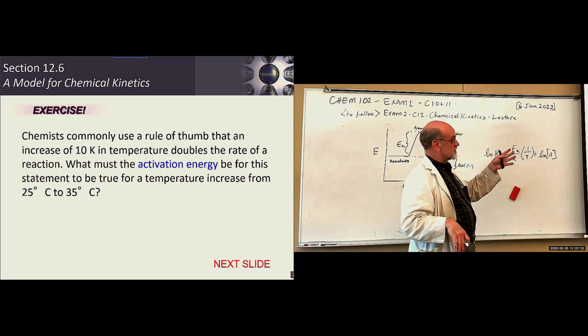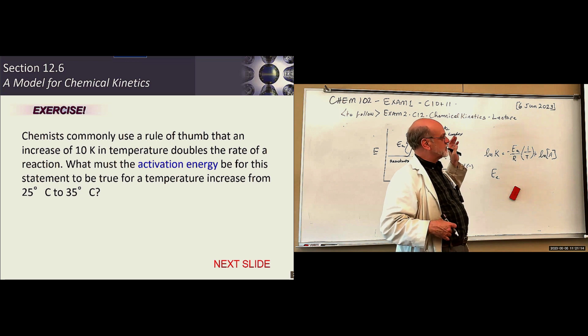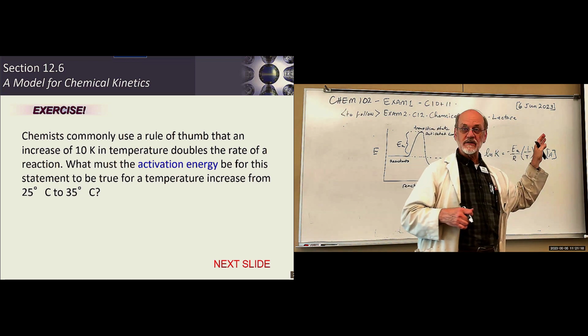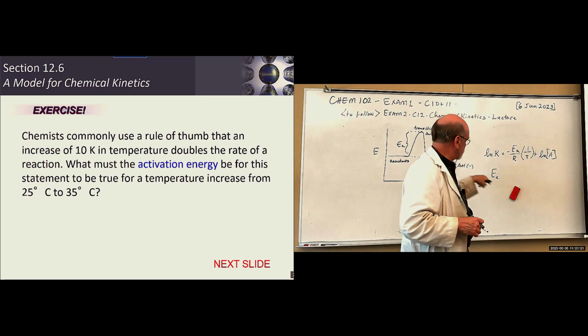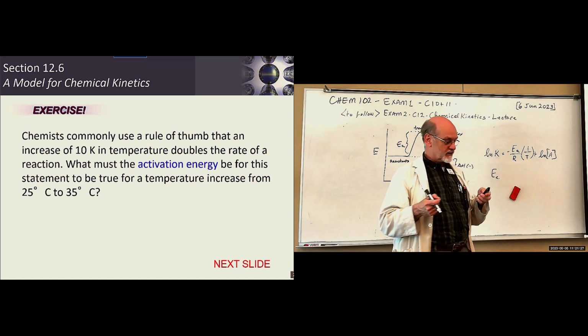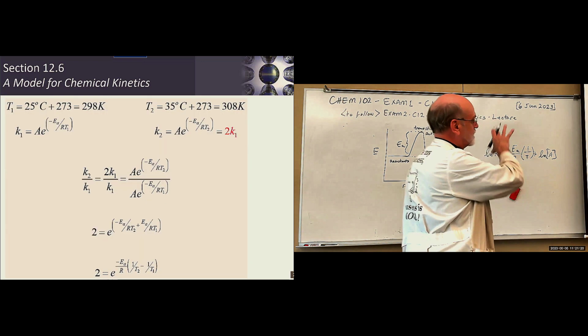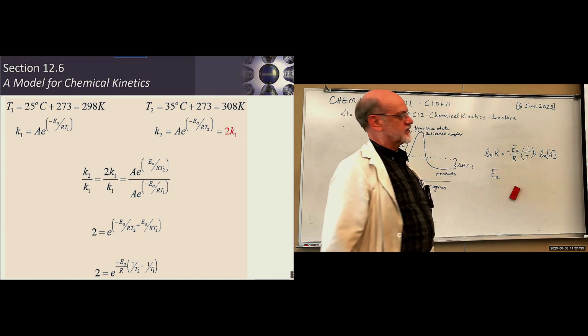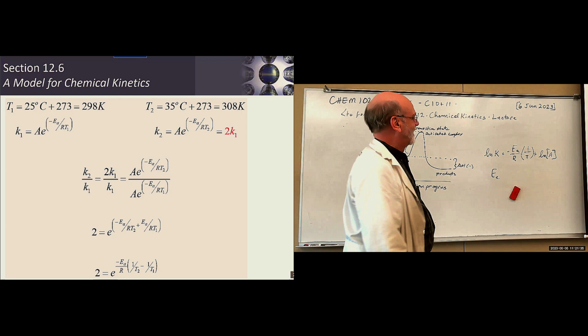What I did here was to say, all right, if the temperature goes from 25 degrees to 35 degrees, what would have to be the activation energy in order for that rule of thumb to be valid? And that's what happens for each one of these, and it looks like a mess right there, right?